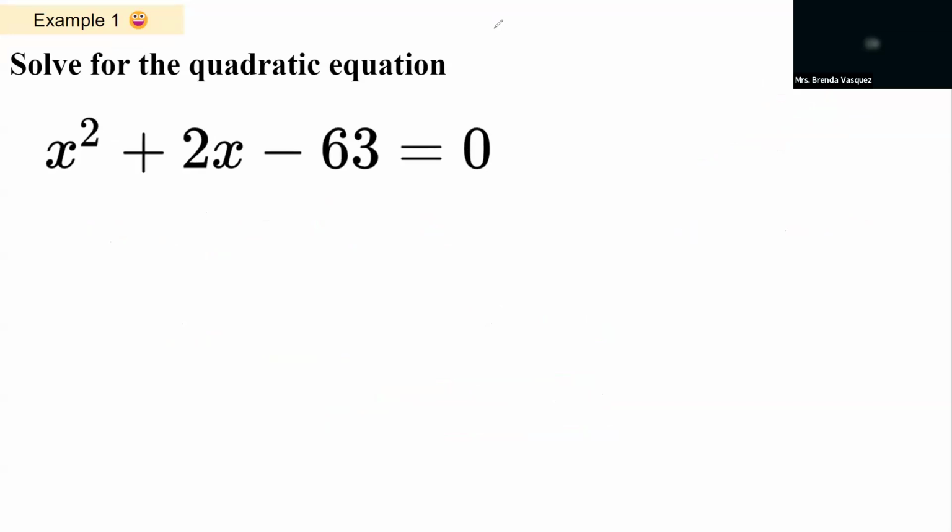This is example number 4. x squared plus 2x minus 63 equals 0.